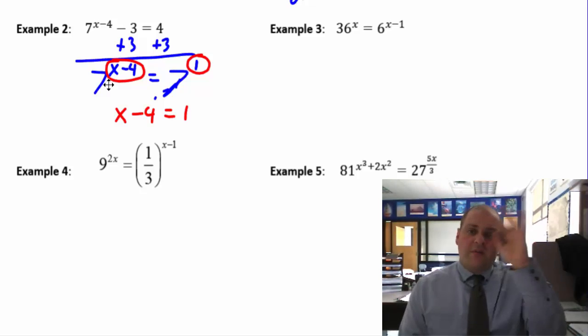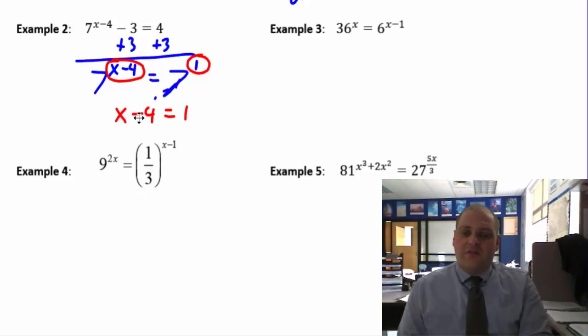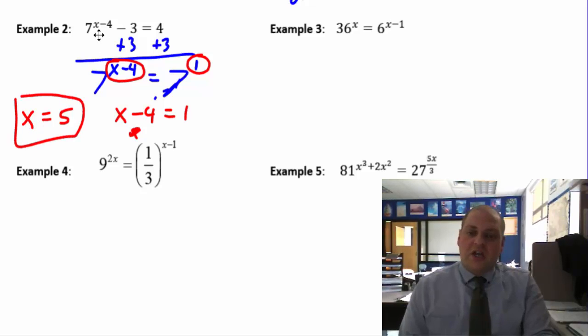It's the exponents I'm going to set equal to each other. X minus 4 equals 1. Add 4. You get x equals 5. To check that, 5 minus 4 is 1. 7 to the first is 7. 7 minus 3 is 4. So it does work.